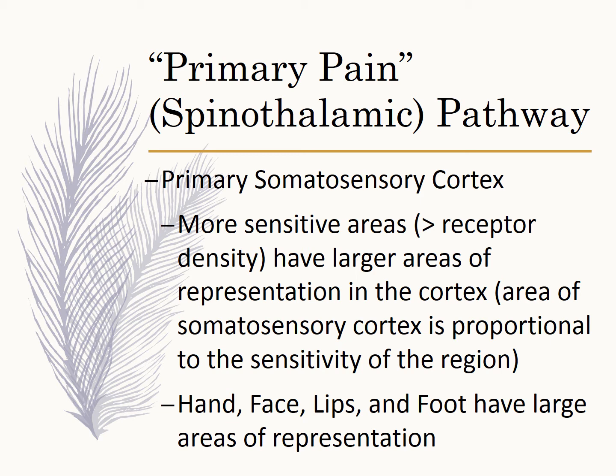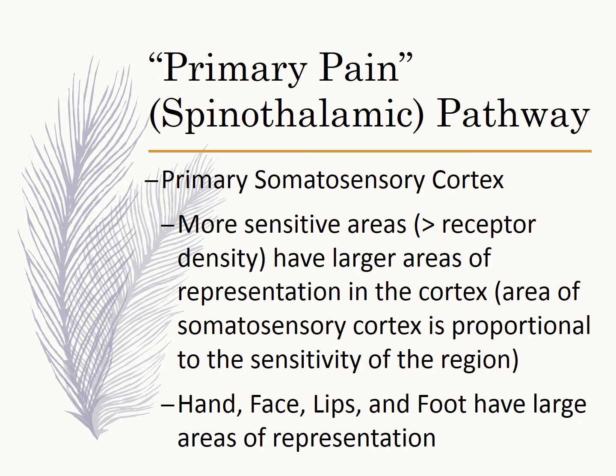So our homunculus does not look like a real person because the proportions are off. With the sensory homunculus, the more sensitive areas of the body receive larger areas of cortical representation than areas that are less sensitive. So when you look at a picture of the homunculus, you will note that there are large areas of representation on the primary somatosensory cortex for processing sensory information from the hand and face.